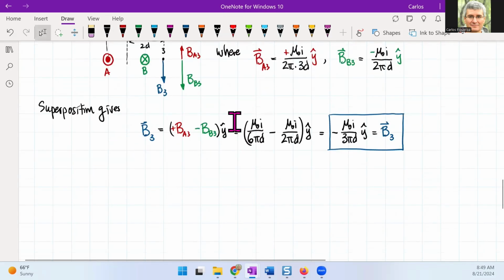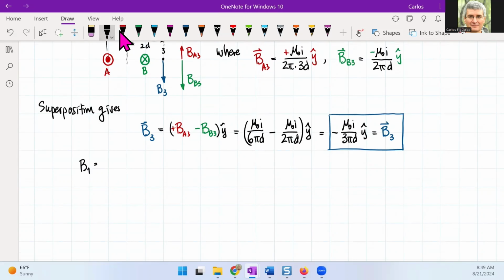So if I look at the rankings of these guys, what do I see? The magnetic field at B1, that has a magnitude of mu naught I over 8 pi d. The magnetic field at 2 reads mu naught I over pi d.